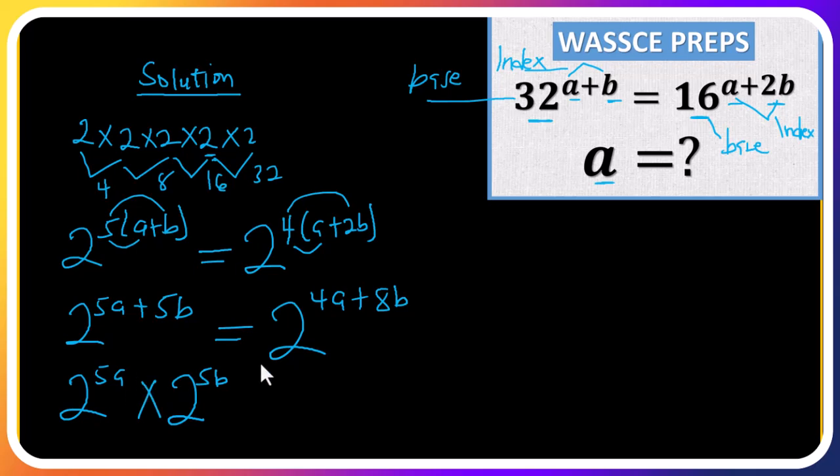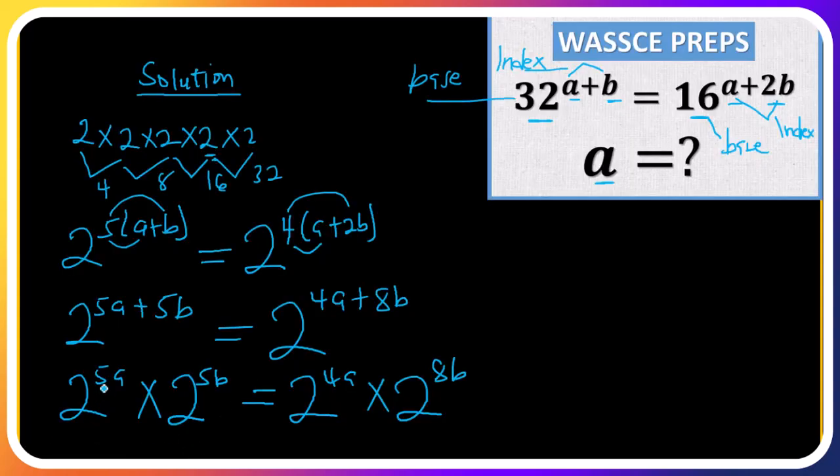Similarly, the right hand side is 2 raised to the power 4a times 2 raised to the power 8b. So we have to find a common index form in order to eliminate.